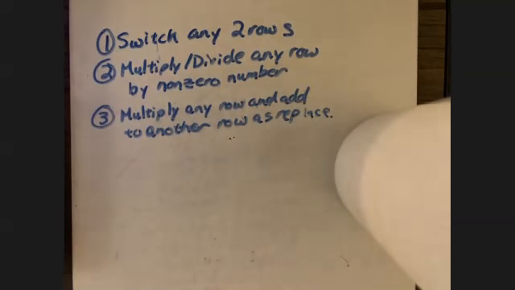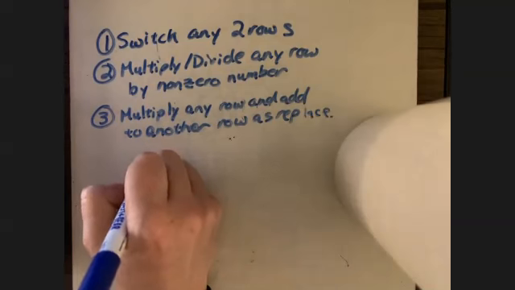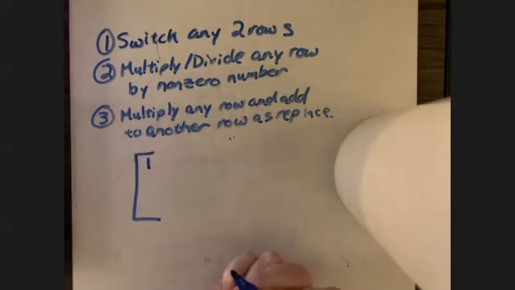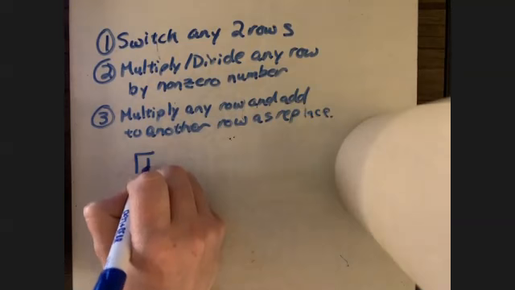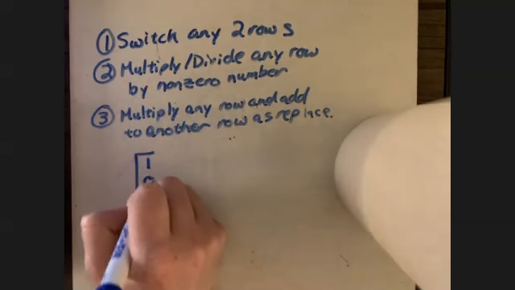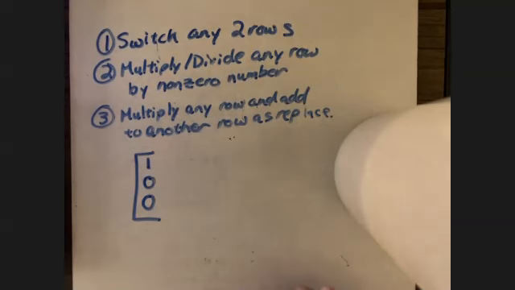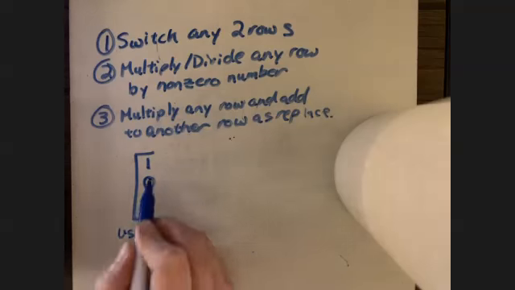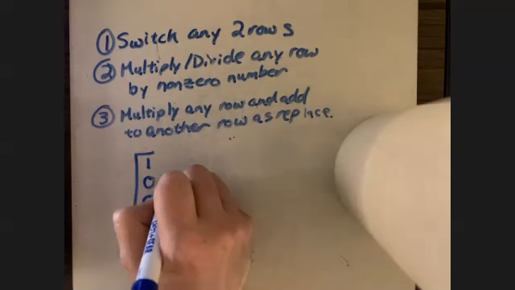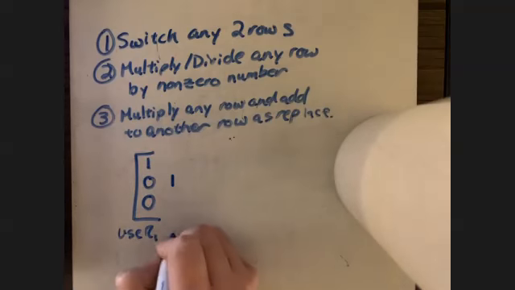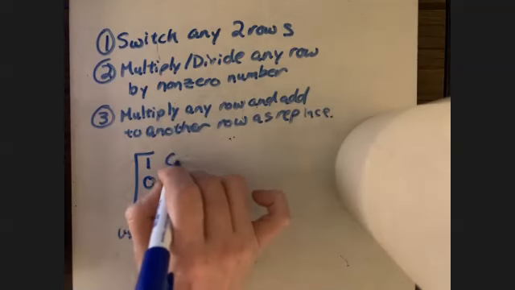Okay, so now the method that we go about trying to do this is we start by trying to get a 1 in that top corner, and then we're going to use row 1 to get zeros to happen underneath it. So we are going to use row 1 to make these zeros happen. Then you're going to get a 1 in the middle, and you're going to use row 2 to make zeros above and below.